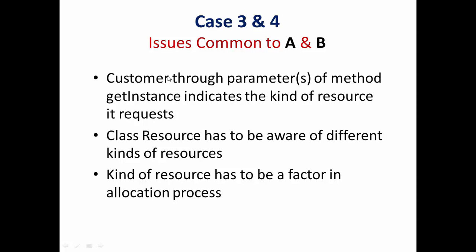So one thing which is obvious, if resources are non-homogeneous, is that customers, through the parameter or parameters of the method getInstance, have to indicate what kind of resource they request. The customer simply has something to say, what they want. In a homogeneous case, they just came and said, I want something, and this made it obvious for the class what they came for. Here, this is not the case.